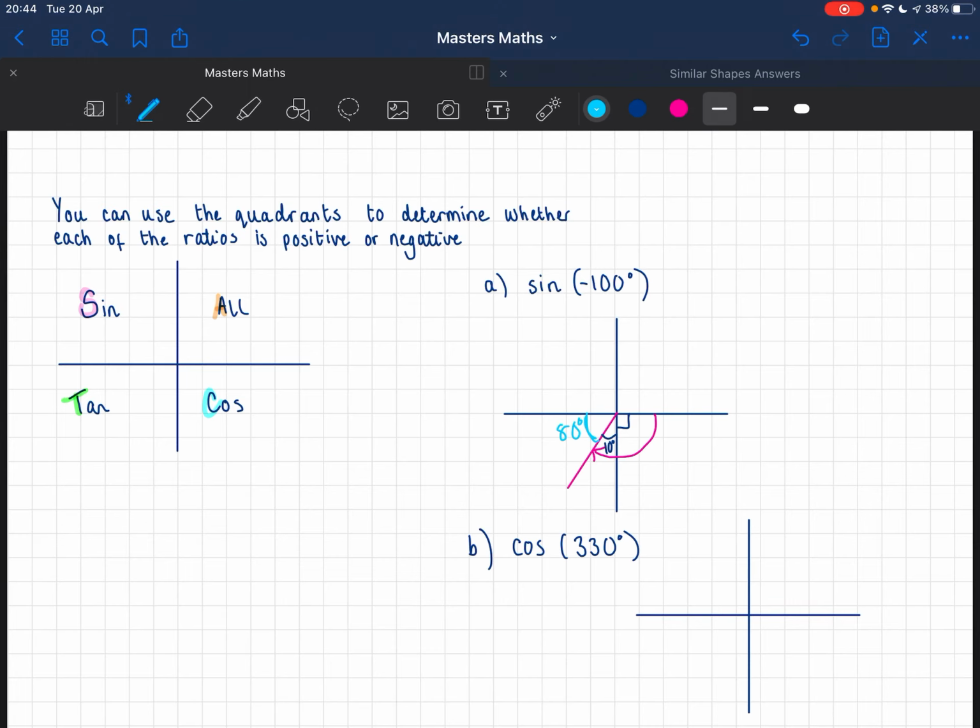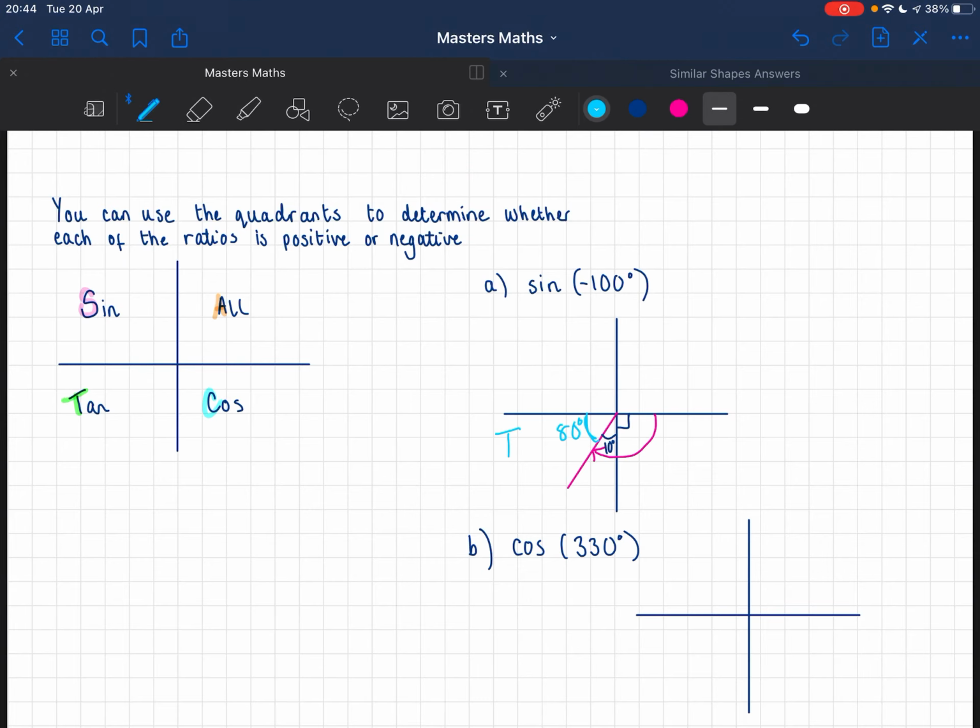Because we're measuring from the x-axis, we're finding an acute angle between the x-axis and the line we've drawn. We can say that sin negative 100 is almost equal to sin 80. However, we have to remember the CAST diagram. So this is the T of the word CAST, which means that only tan is positive in that quadrant.